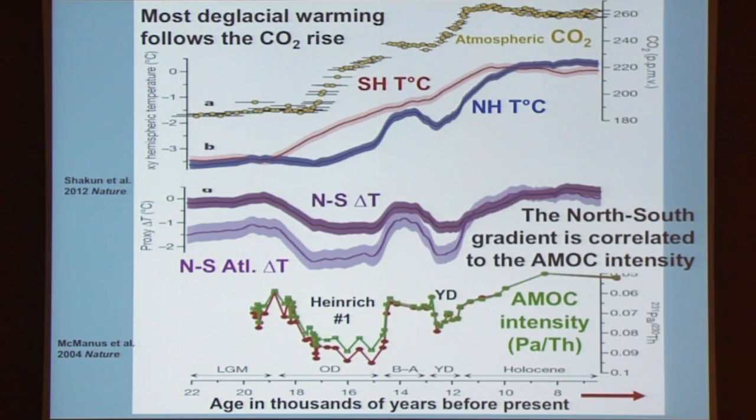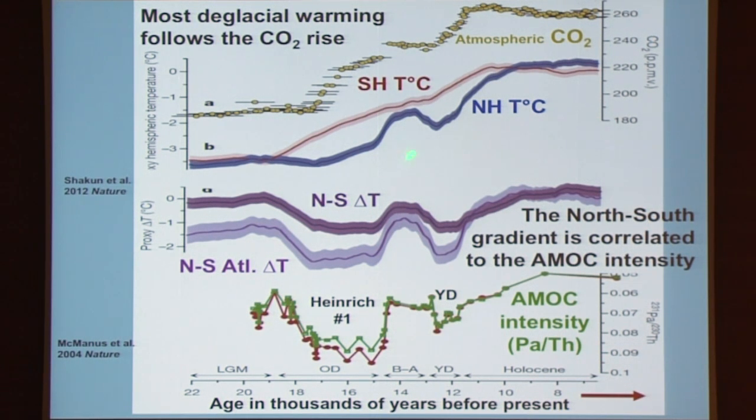In fact, we can even plot on the same time scales, again making a mean over the temperature record for the southern hemisphere. This is shown here as the red curve. This is the southern hemisphere temperature. Here we have the northern hemisphere temperature, by collecting all the data from the northern hemisphere.